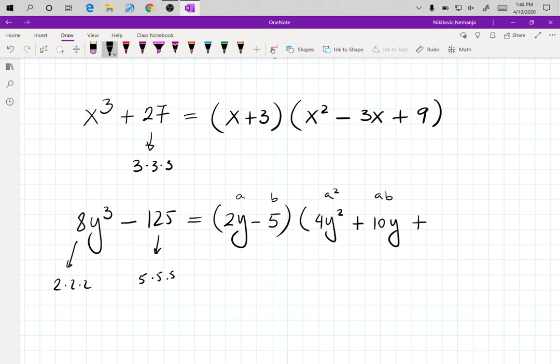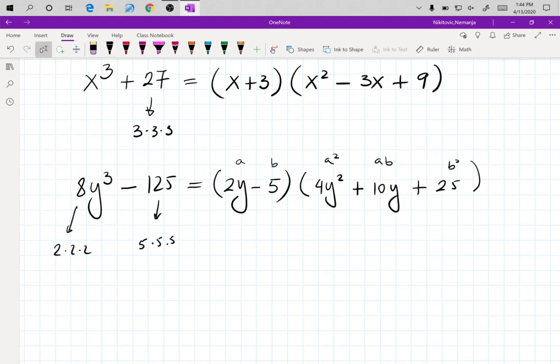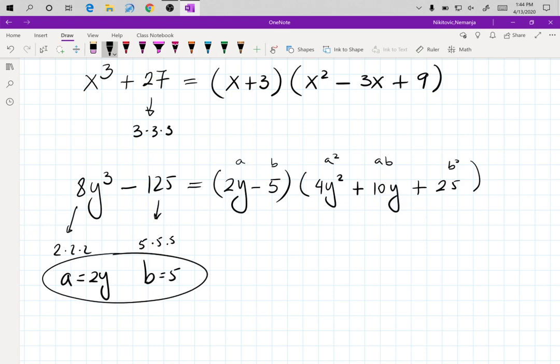Always plus at the end. B squared is 25. So we quickly find that a is 2y and b is 5, right? That's crucial. And then you just keep plugging them in where they belong in the formula, because you know a, b, a squared, b squared, and so on.